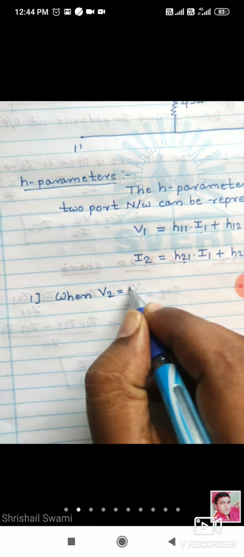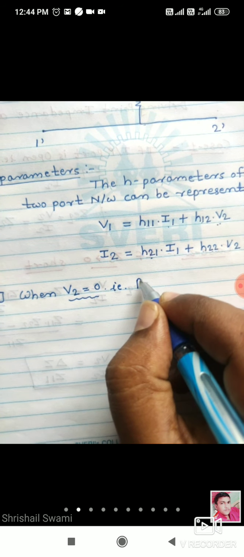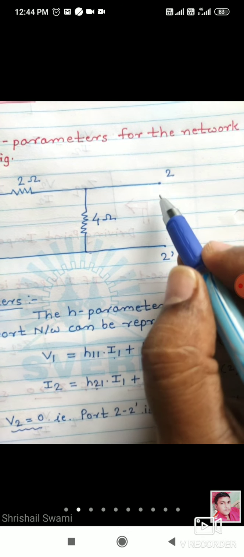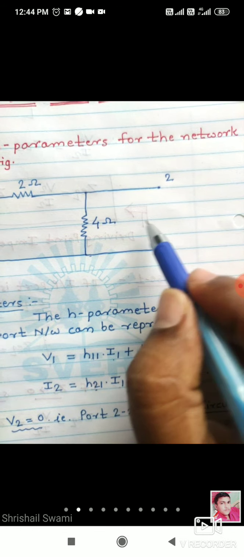So we will start with first condition, that is when V2 equal to 0, that is port 2 dash is short circuited. Port 2 dash काय करायचं आपल्याला? शॉर्ट सर्किट करायचं आहे. So we have to short. So when we are going to short the 2 dash, what will happen? काय होणार आहे सांगा?